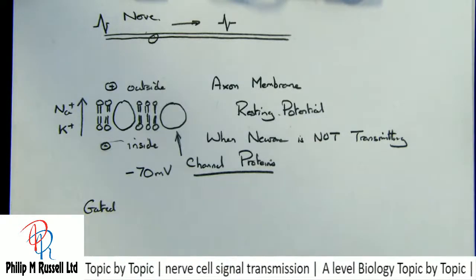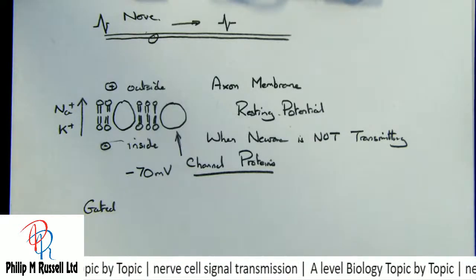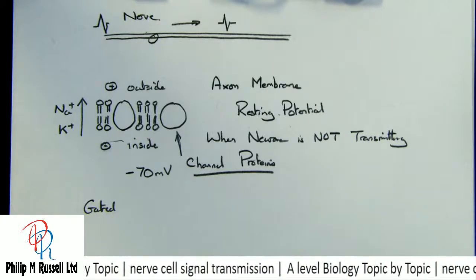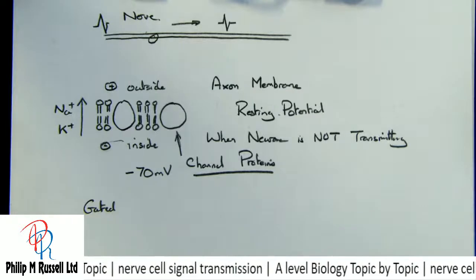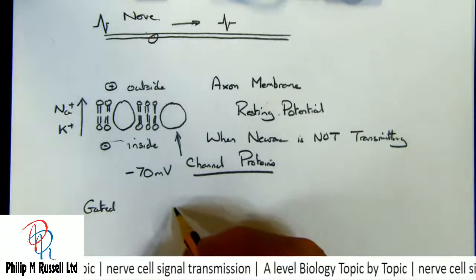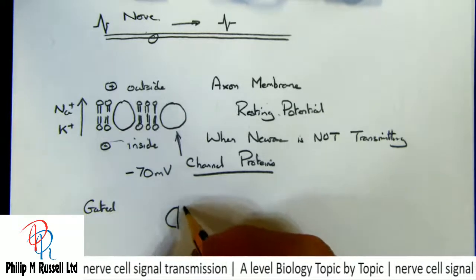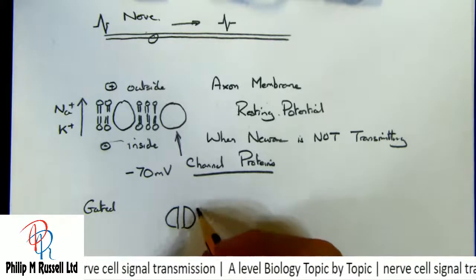In other words, they must be opened to allow specific ions to pass through them. Other channels stay open all the time, so we might have some channel proteins that stay open all the time.